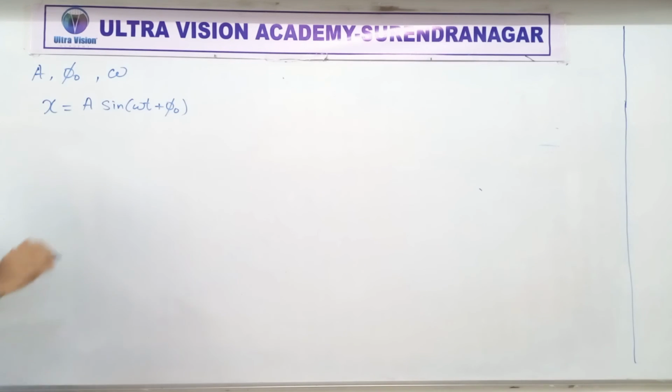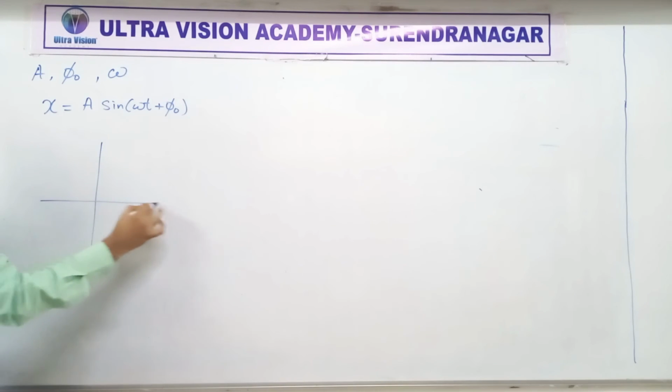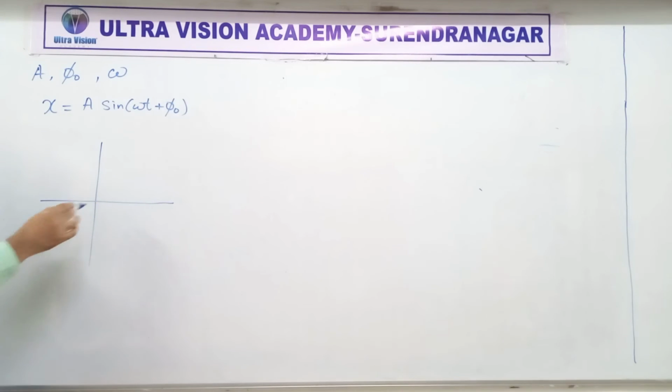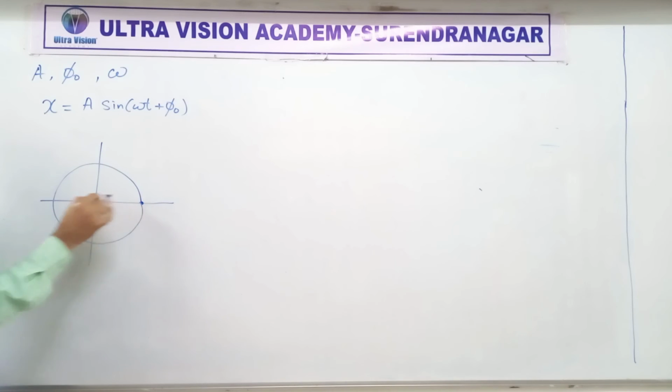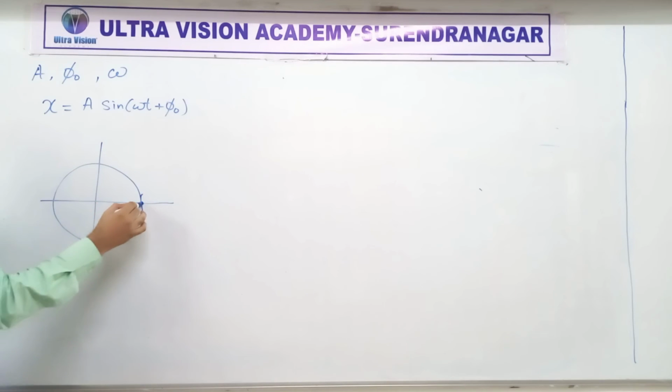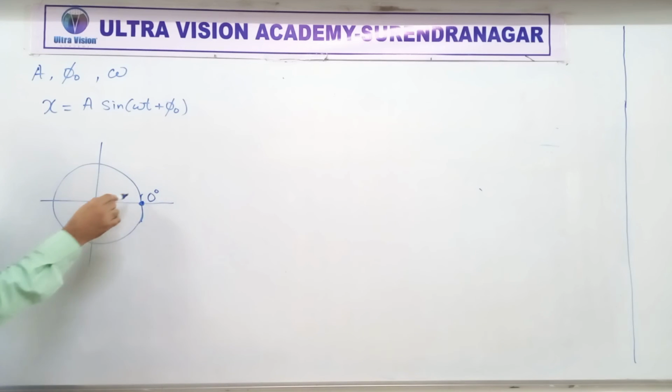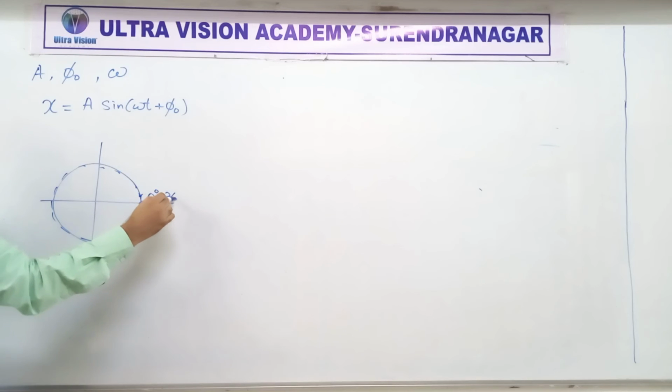Now, like I was explaining earlier, if you think of the unit circle or you think of sine values and you start over here at 0 degree, you go around, you come back to this, the angle becomes 360 degree.